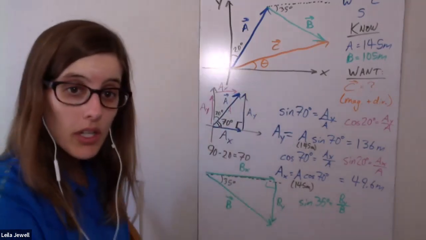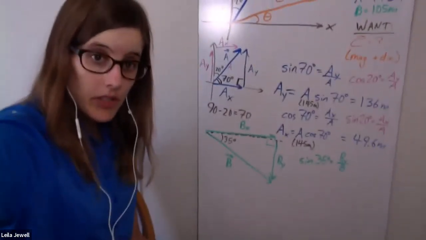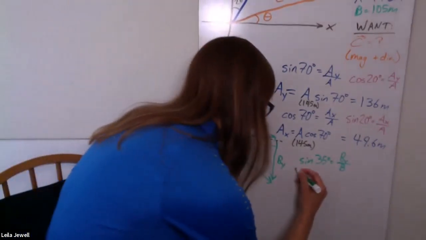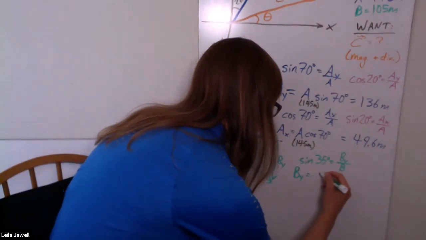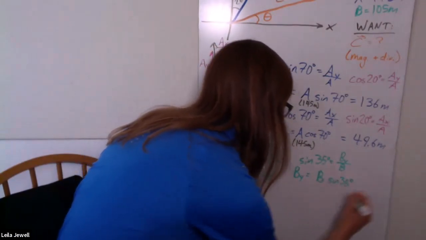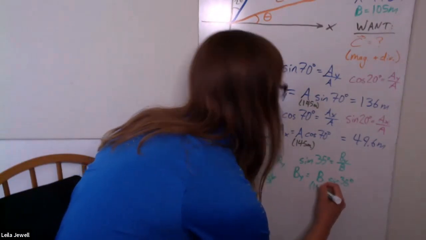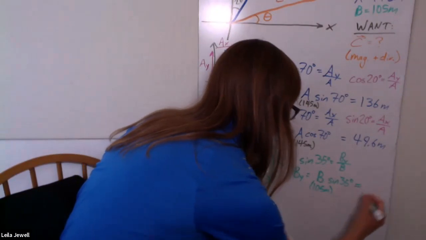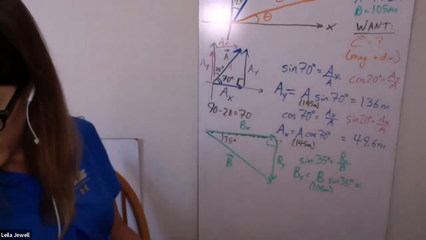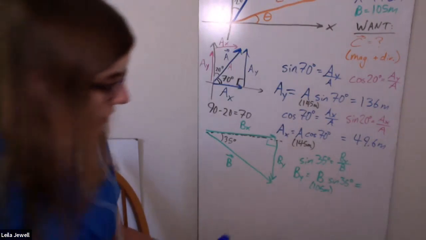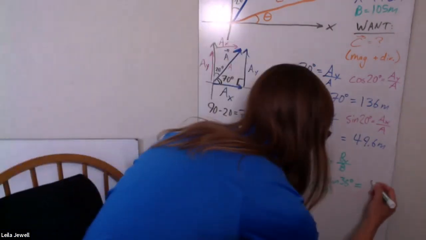Or in other words, b sub y is equal to b times sine of 35 degrees, where b here is that 105 meters. So if you multiply that out, you should get a number of 60.2 meters.